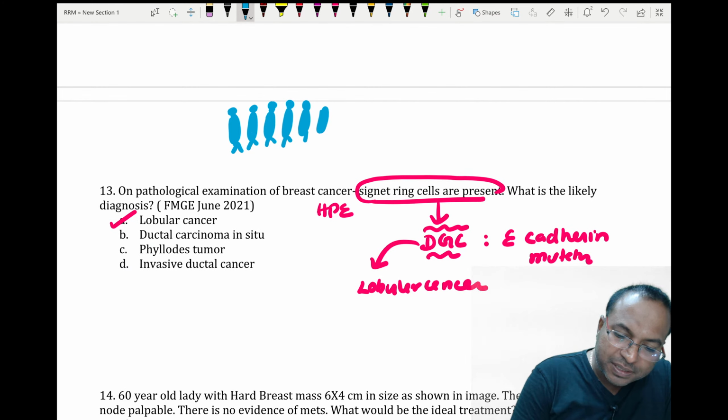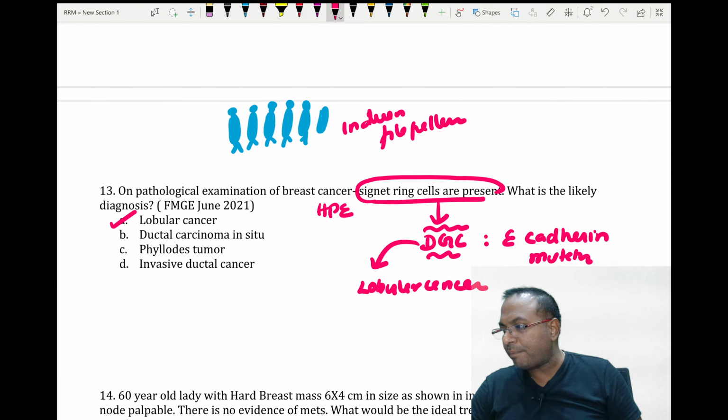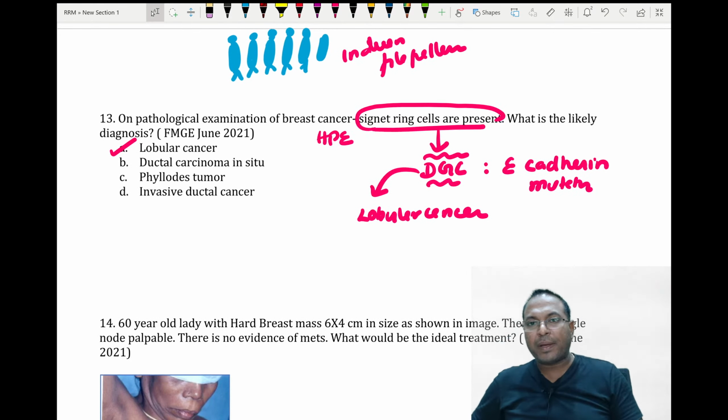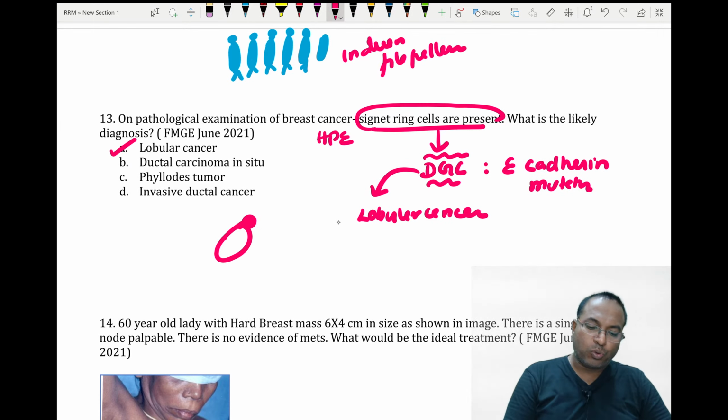The cells will be arranged in an Indian file pattern. Please don't forget this question. Wherever you get a metastasis from diffuse gastric cancer, you will see signet ring cell pattern. Signet ring cell is like this. The nucleus will be pushed to one side.